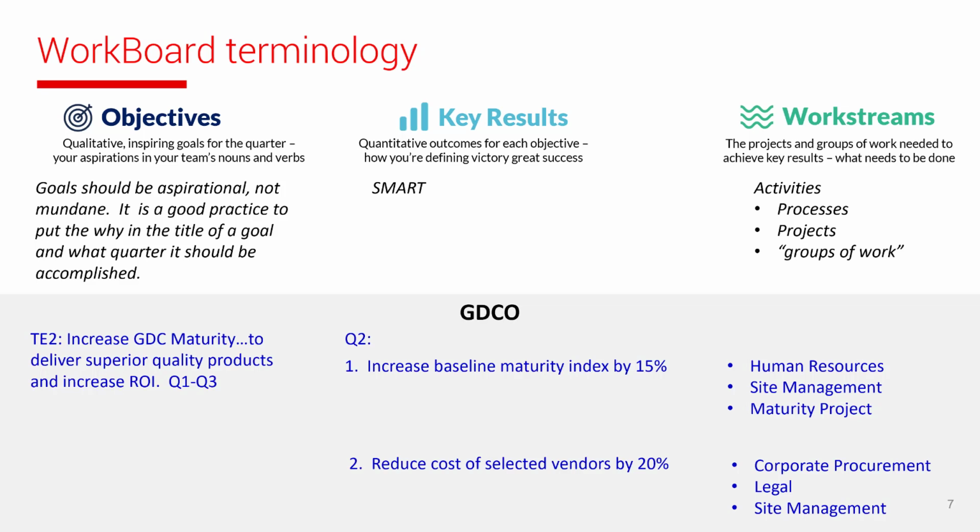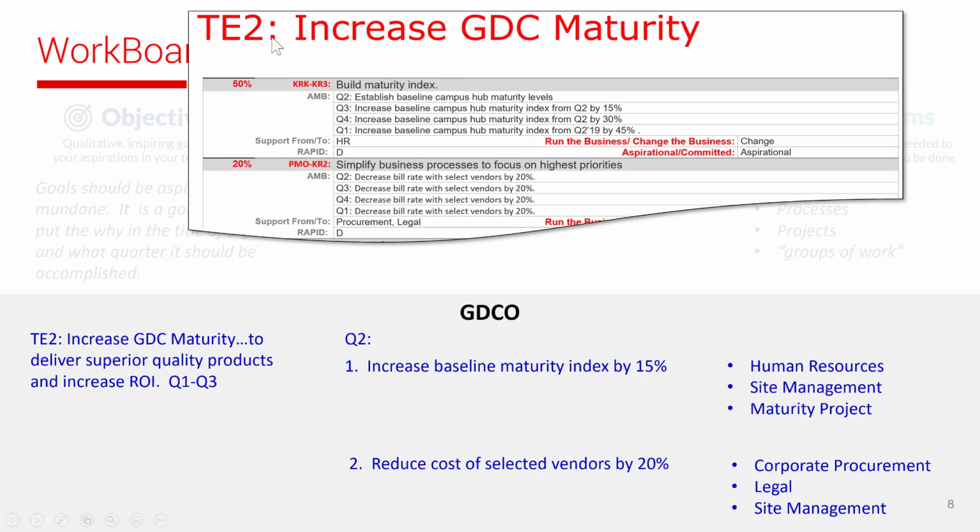Just to make the connection, the form that we've been working with you to fill out, if you remember this, the objective, the key result, action items, and then as measured by, fit into this Workboard format nicely. So the overall objective, increased GDC maturity, is the first part of this sentence. The second part comes from these activities. So for each objective, we listed 1, 2, 3, 4 activities that get us there.